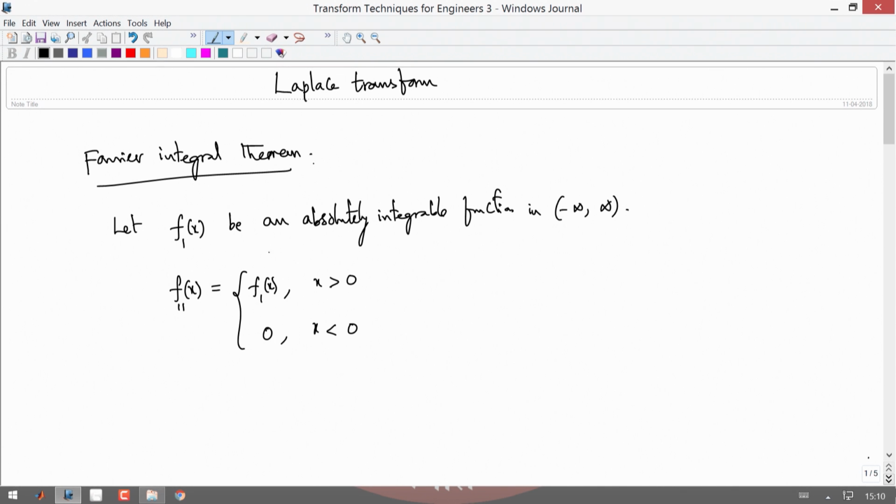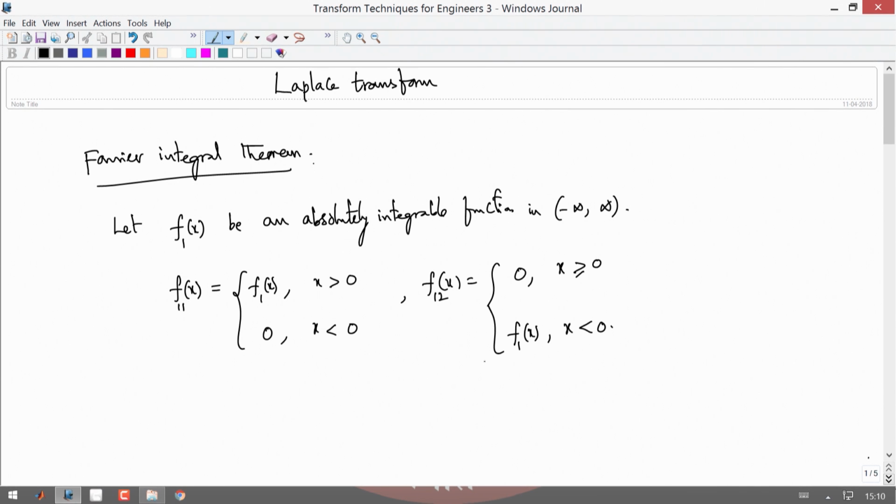I break f1 of x into two parts; the other part, f12 of x, I define as 0 if x is positive, and on the negative side it is f1 of x when x is negative.